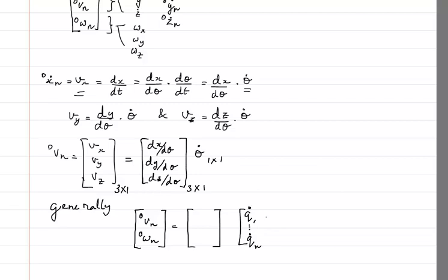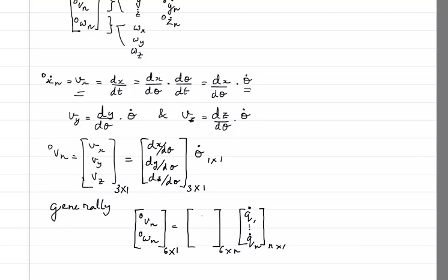Obviously, if this is a 6 by 1 matrix and this is an n by 1 matrix, then the Jacobian should be a 6 by n matrix, and we will divide the Jacobian matrix itself into two parts.